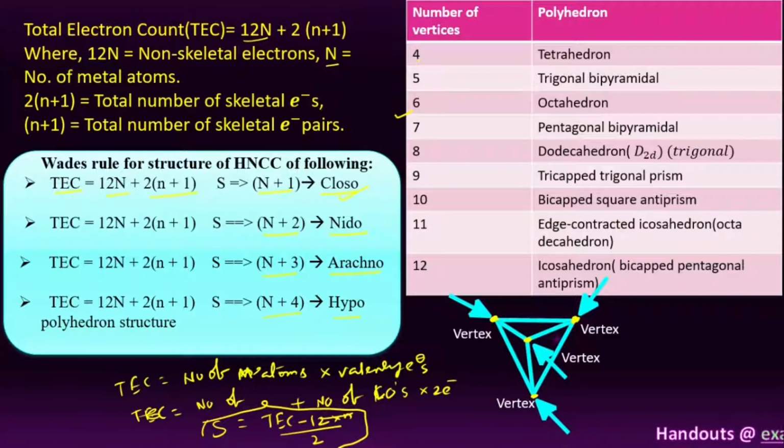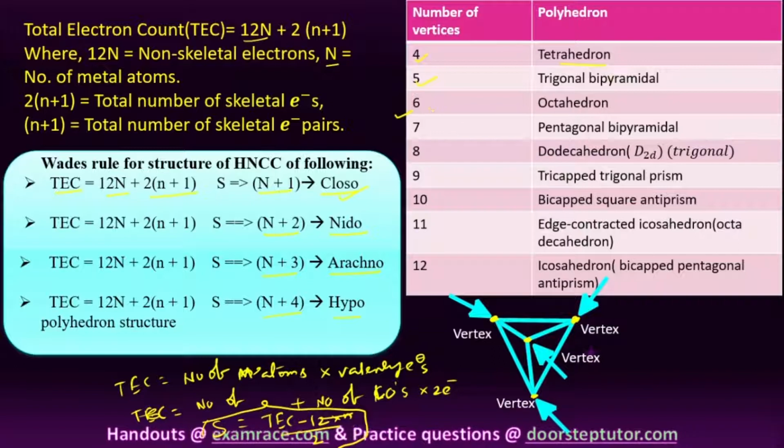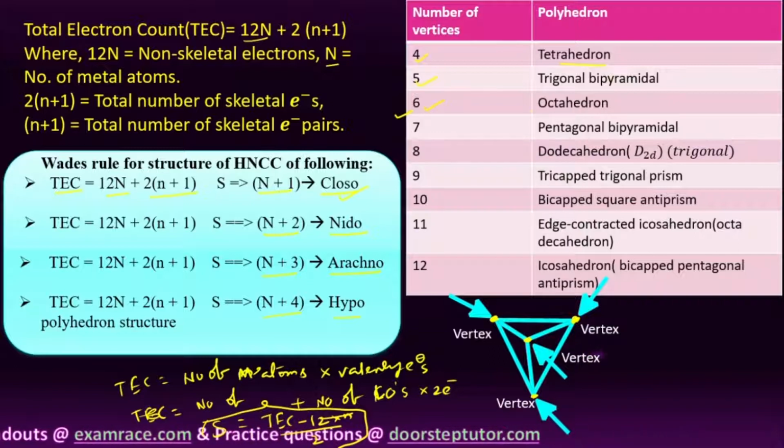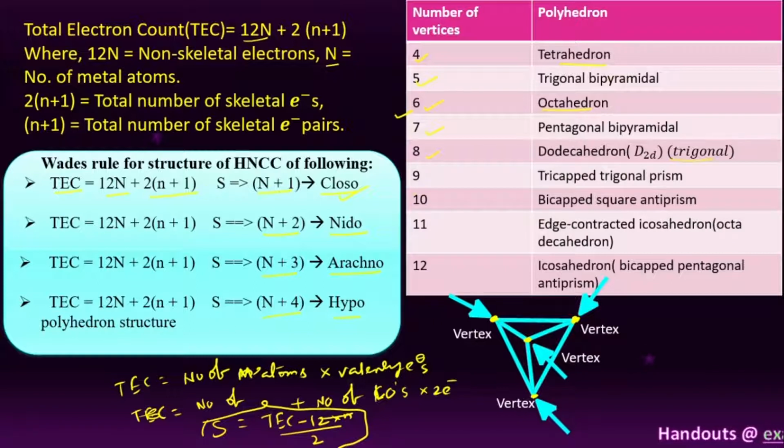If the number of vertices is 4, the polyhedron structure is tetrahedron. With 5 vertices, it is trigonal bipyramidal, which we know very well. With 6 vertices, it is octahedron. 7 is pentagonal bipyramidal. 8 is dodecahedron, or D2d, which has trigonal geometry.